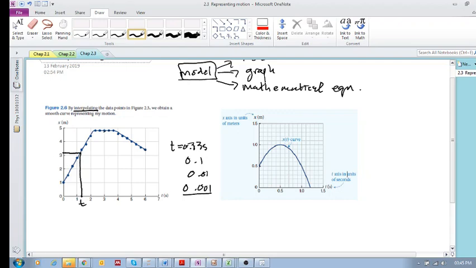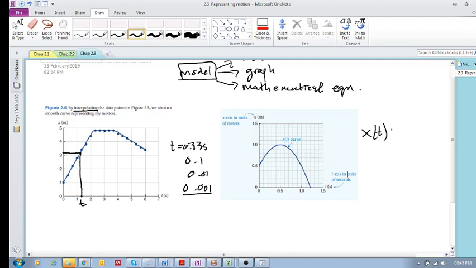So here's another representation of a curve, and eventually what we'll see is that these curves not only can be represented in such a way on a graph, but they can actually be a mathematical function, x of t, meaning the position as a function of time.